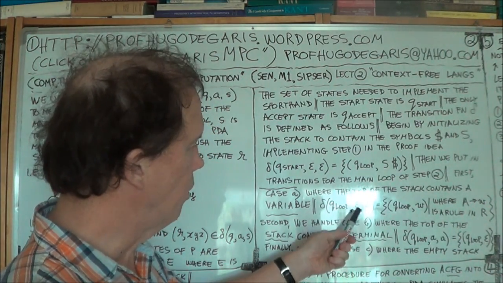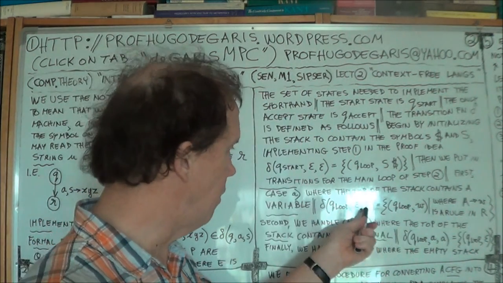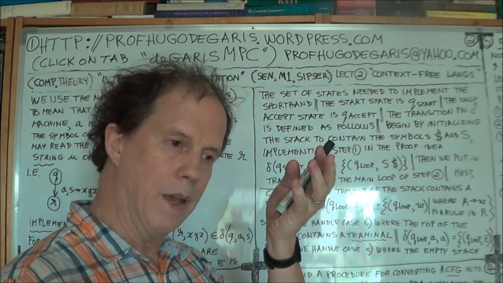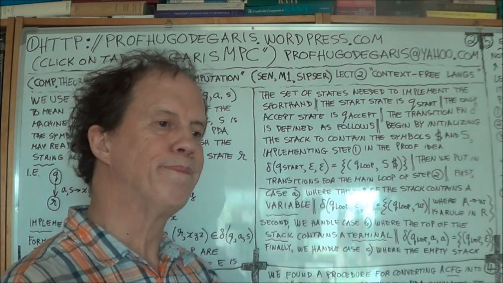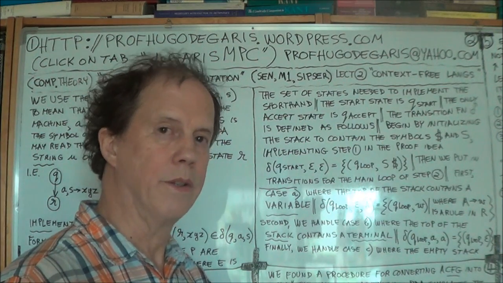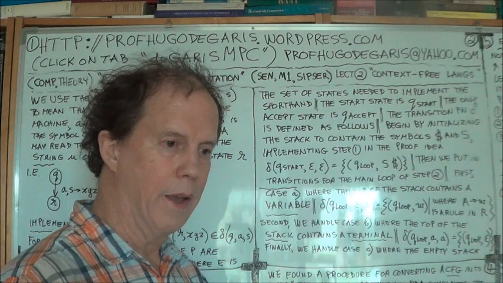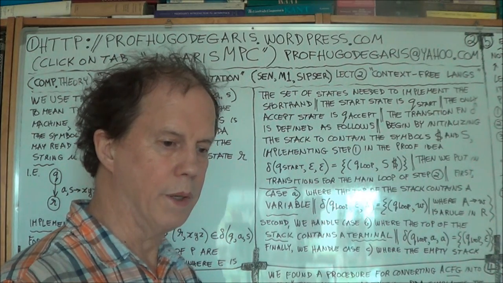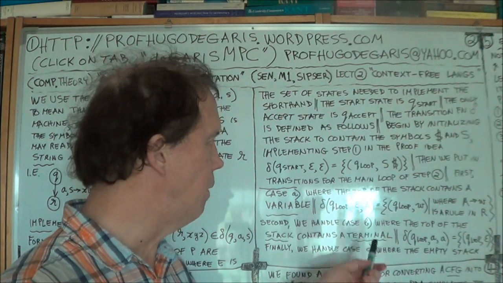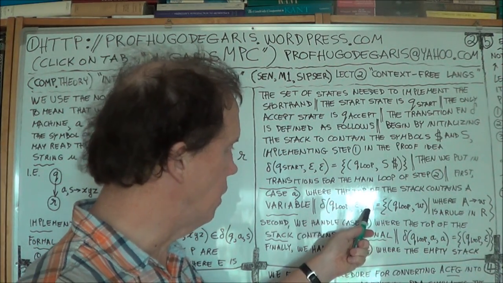Okay? So what we want to do now is pop the stack, get rid of that variable at the top of the stack, go looking in the set of rules, your big R, in other words, for your grammar, and find one or more substitution rules where the left-hand side of the rule is equal to this.